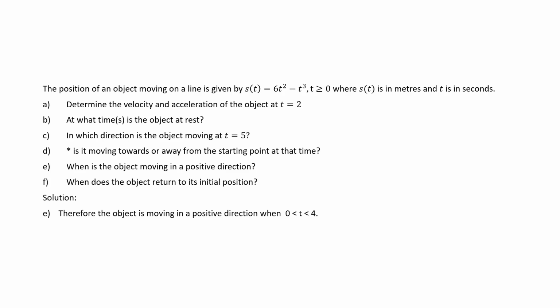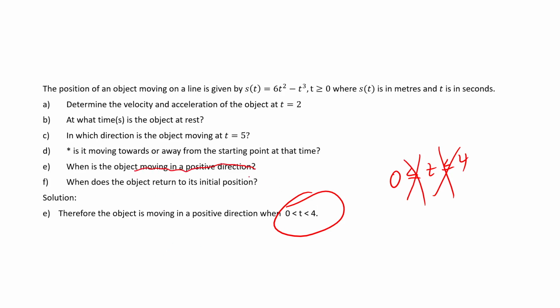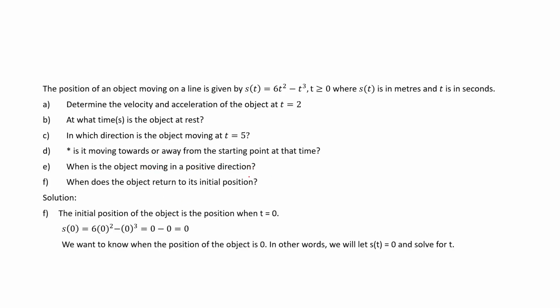And so we say when 0 is less than t is less than 4. We don't want to say t less than or equal to 4. That would be wrong, because at a time of 0 and at a time of 4, the object is at rest. And so it would be wrong to say at either of those times that it's moving in a positive direction.